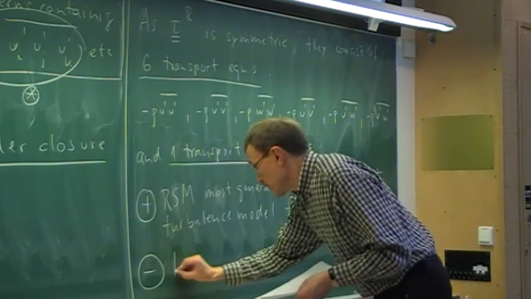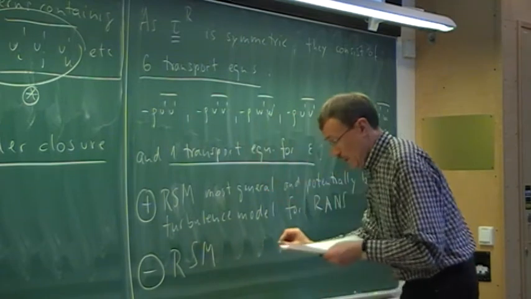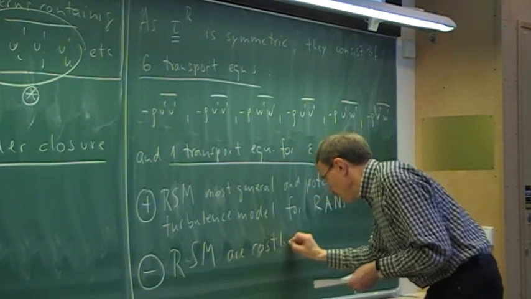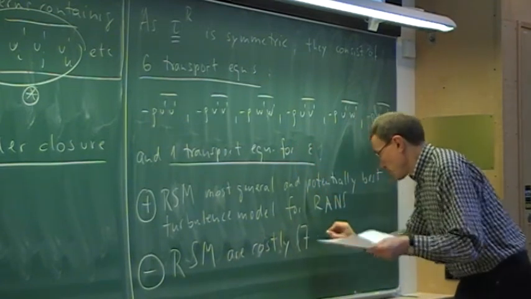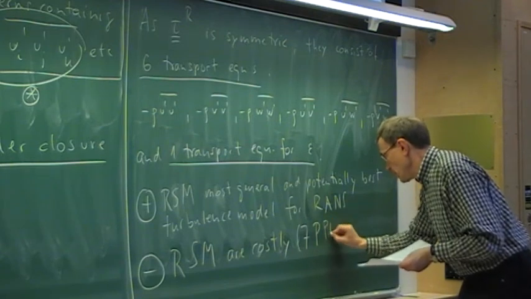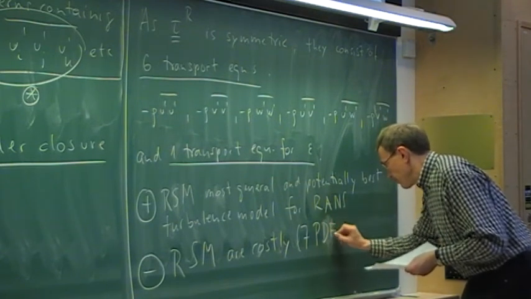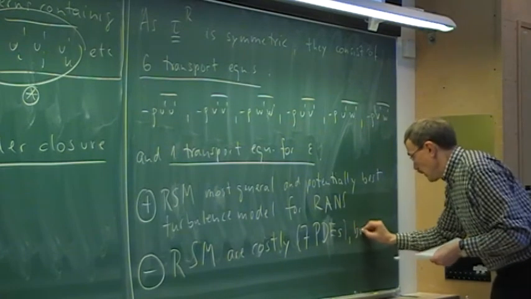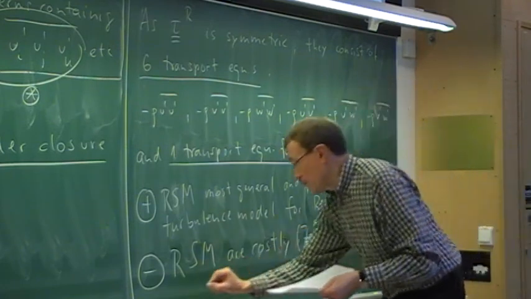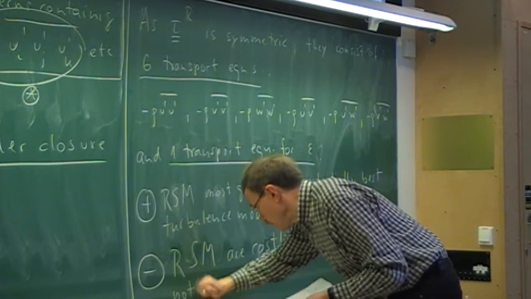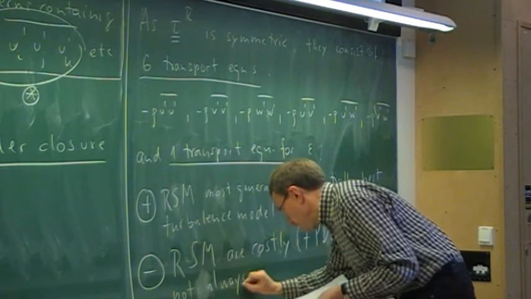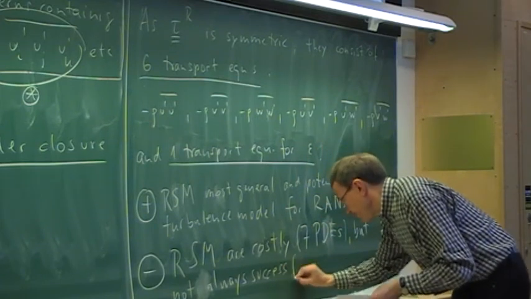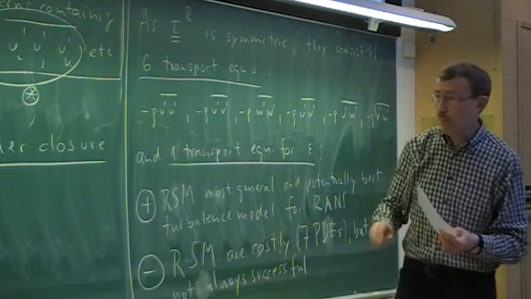The first disadvantage is that it is costly. The Reynolds stress models are costly because to solve them we have to solve 7 partial differential equations, as illustrated here. But not always successful. And there are examples where they fail.